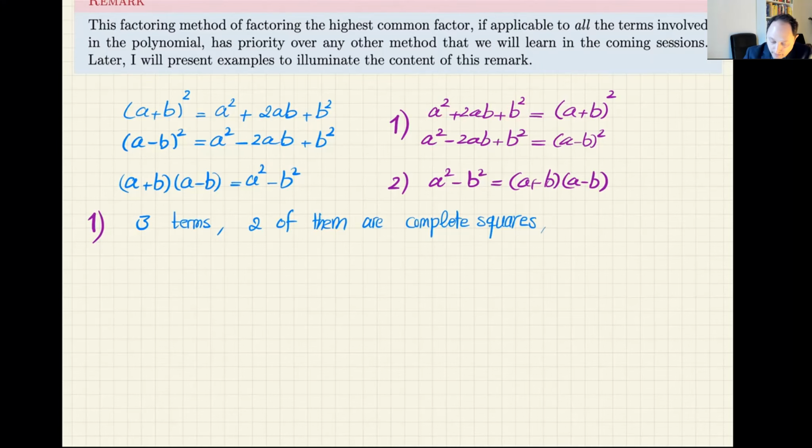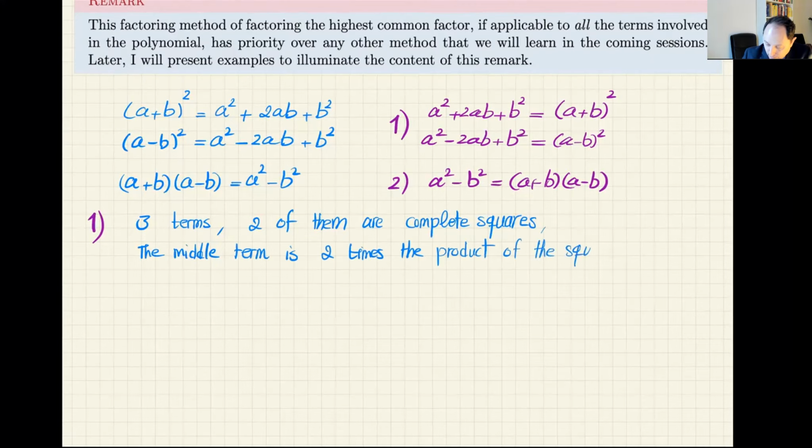So the important thing is that the middle term is 2 times the product of the square roots of these complete squares.